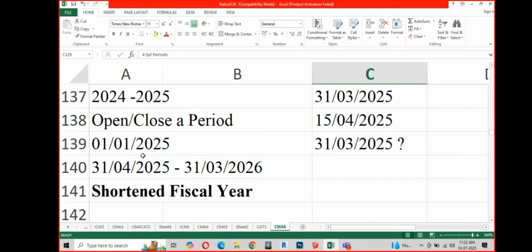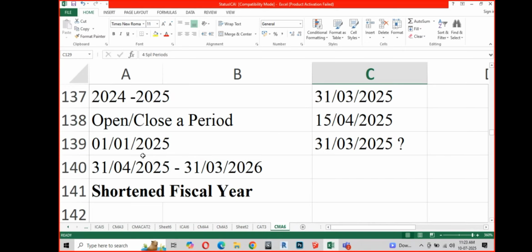So once I'm opening the business, say I'm following the Indian calendar, April to March, and I am thinking of opening the business on September 15th, 2025. So in the current year, April 1st of 2025 to 31st of March 2026, am I operating for all the 12 months?